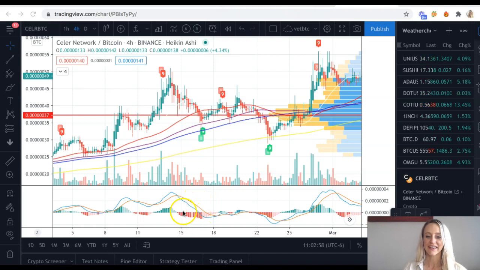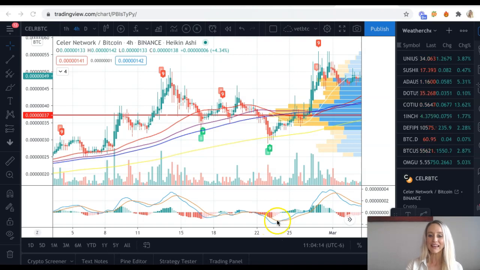So what you'll look at is when the MACD is above the histogram, you're looking at overbought levels. When it crosses below the histogram, you're looking at oversold levels. So it also tells you the overbought and oversold. So you can utilize that in your strategy. So typically when you have your oversold and overbought levels, you have a snap back.